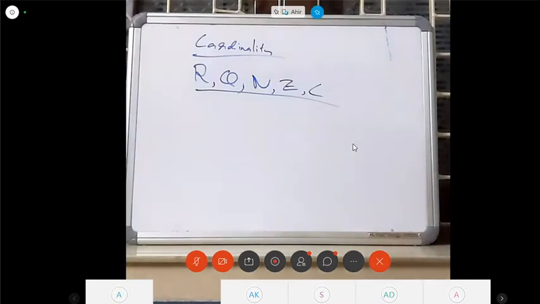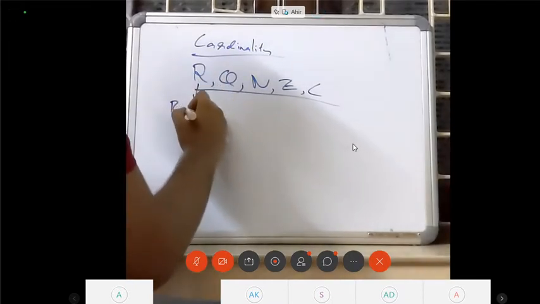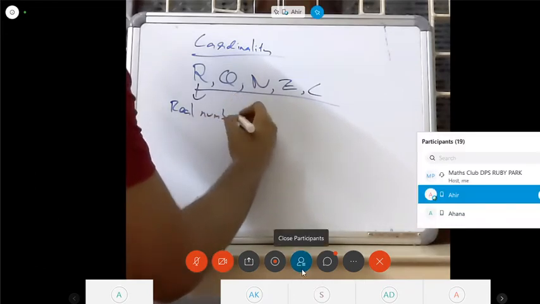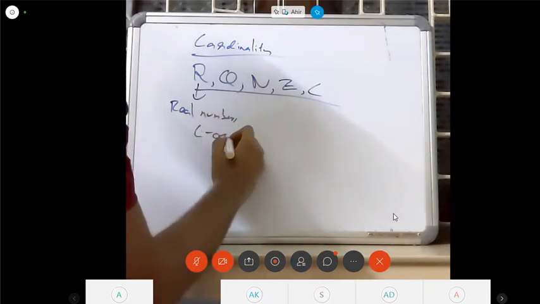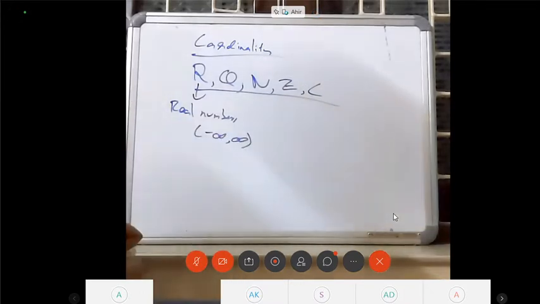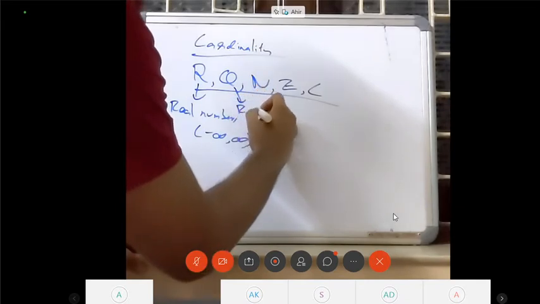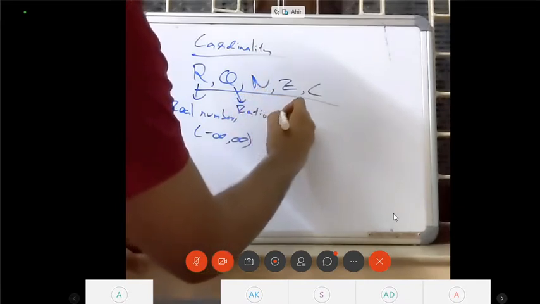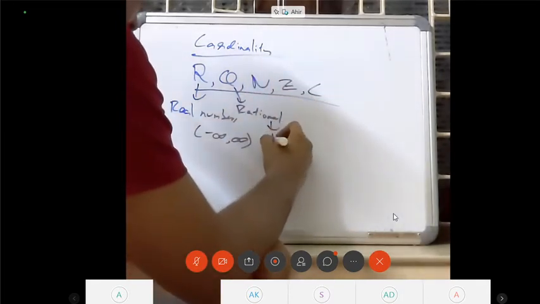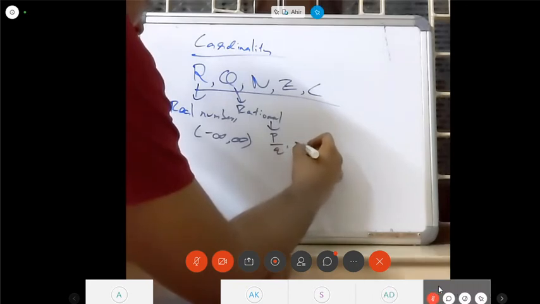R is the set of real numbers, from minus infinity to infinity. Q is the set of rational numbers. So what is a rational number? A rational number is any number which you can write in p by q form, where p and q are both integers.